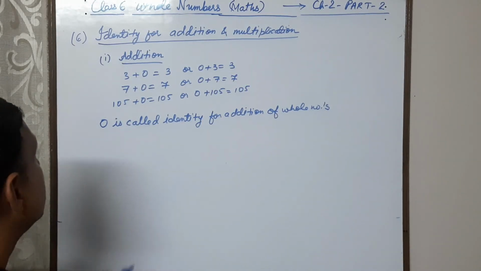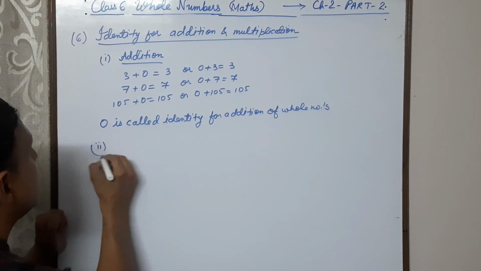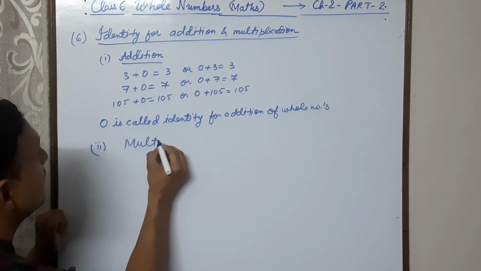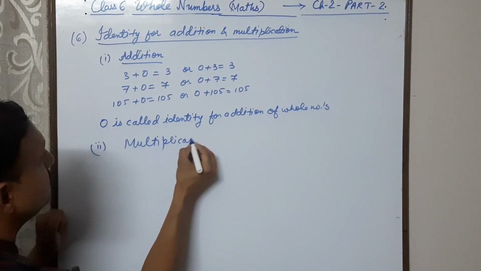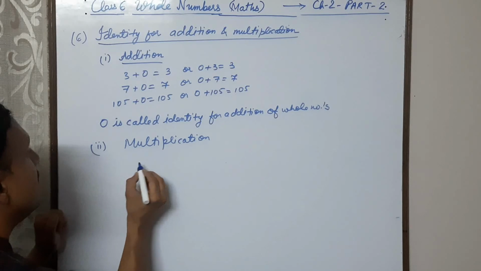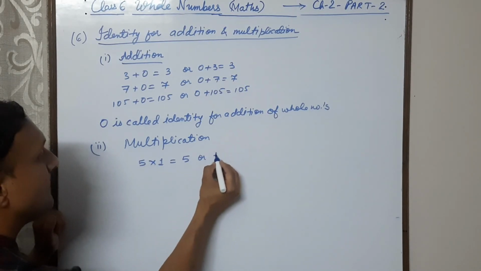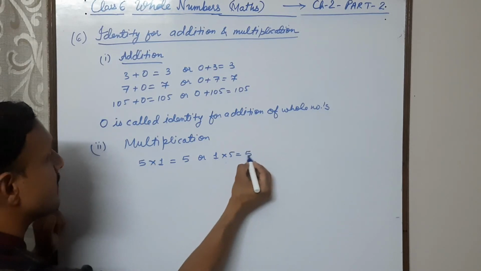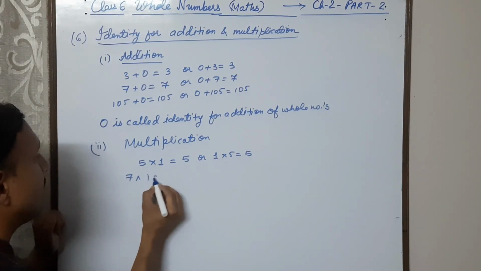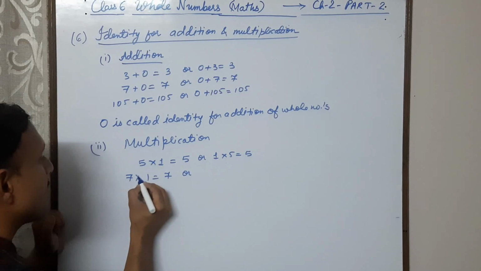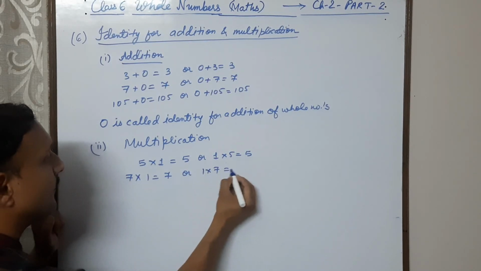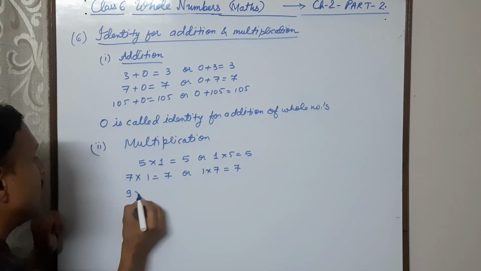Secondly, let's see for multiplication, which is the identity for multiplication. 5 ones are 5, or 1 5 is 5. 7 ones are 7, or 1 7 is 7. 9 ones are 9, or 1 9 is 9.